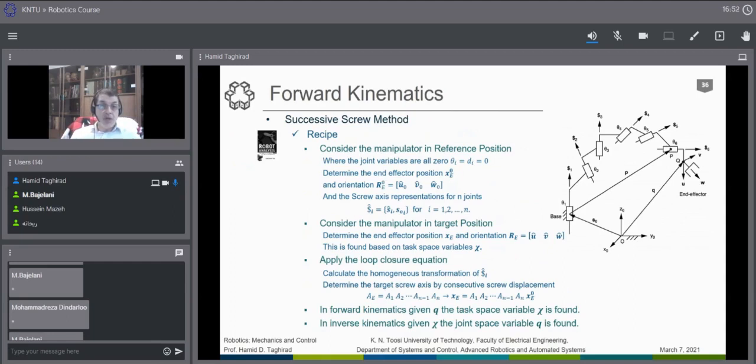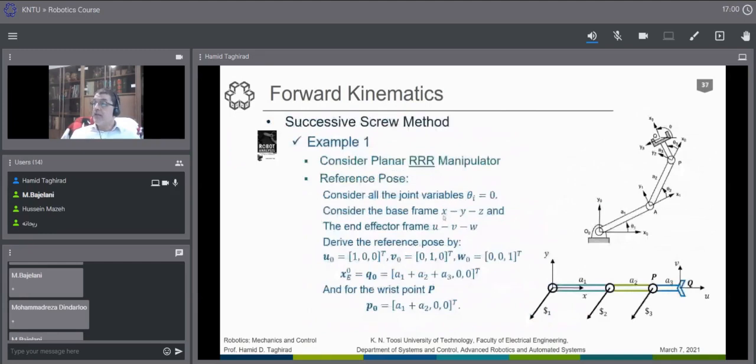Now, if you look here, we give 2 or 3 examples. As you see, the examples are much simpler. Suppose that we have 3-arm manipulators here, and 3-4 manipulators for the representation.